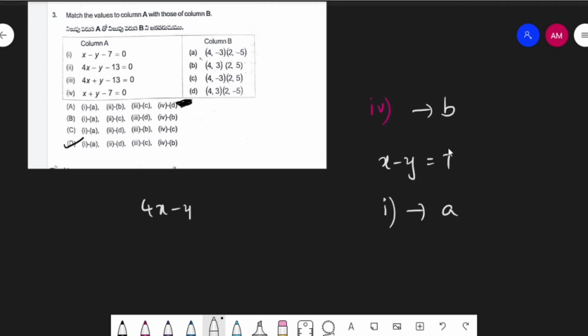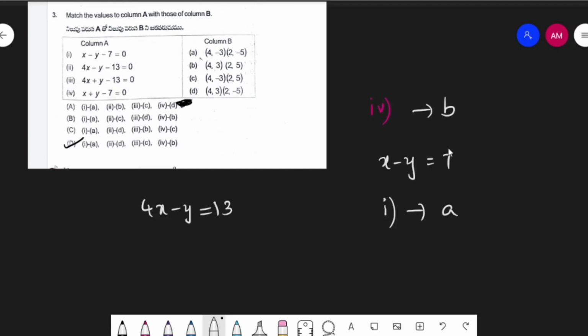Let us check the second one. 4x minus y is equal to 13. So A and B are completed. Let us check C. For 4, 16, 16 plus 3, 19. So C is not mapped to 2.